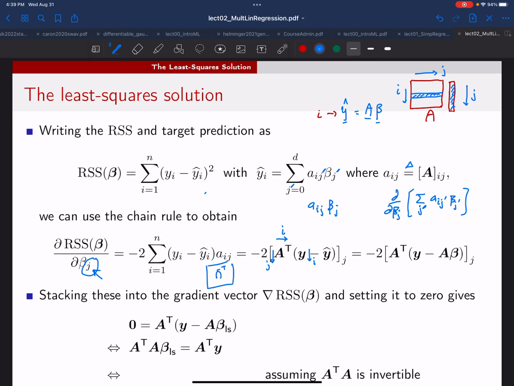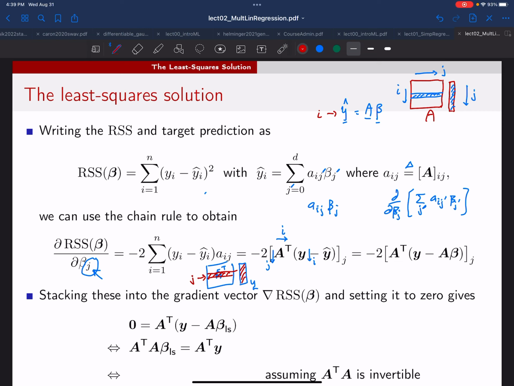This is A transpose, this is y. I'm going to look at the jth row, which is going to extract those elements, and I want to do this multiplication, where I multiply these times these.